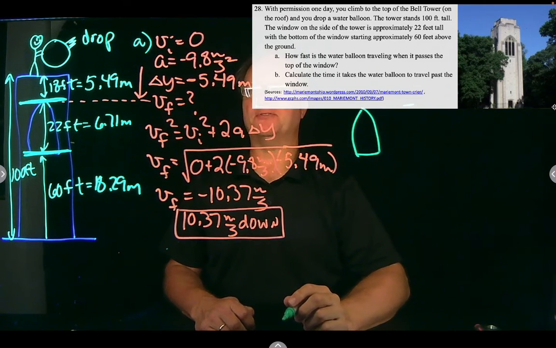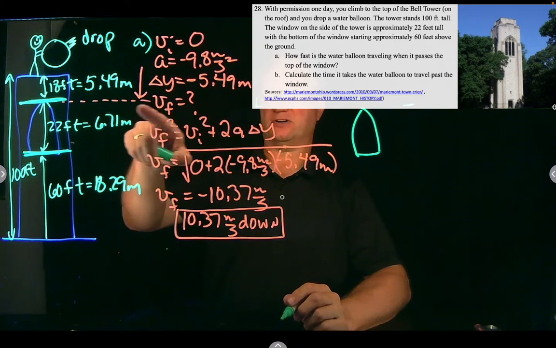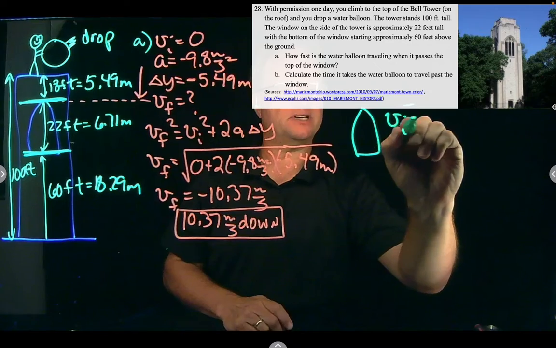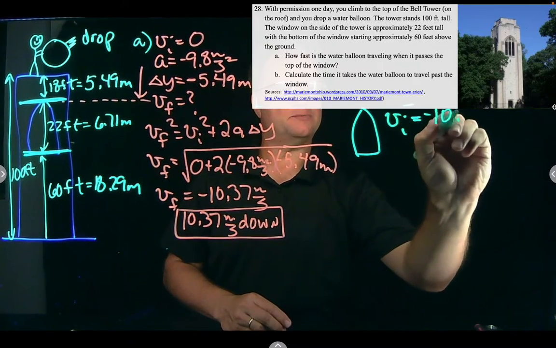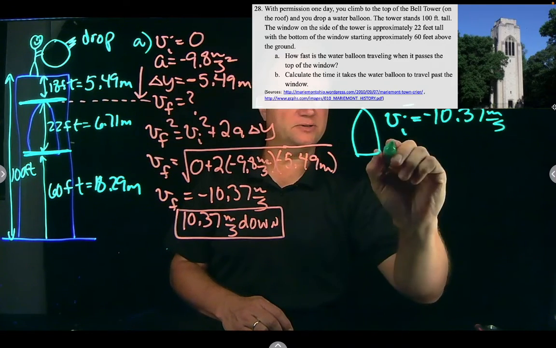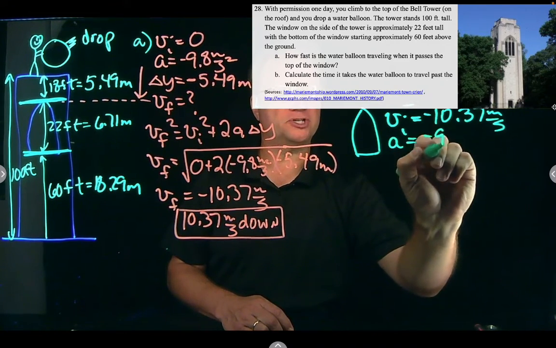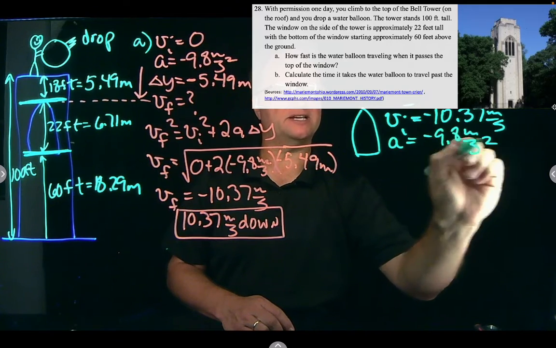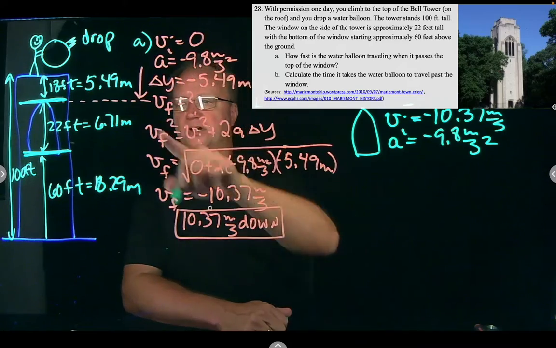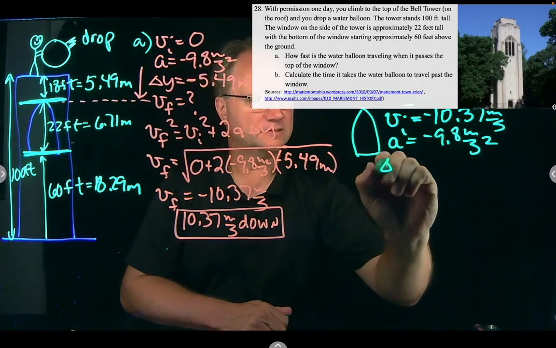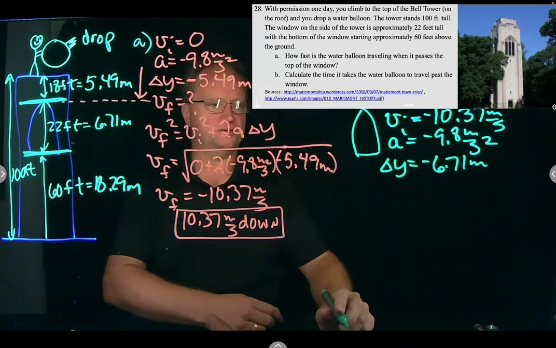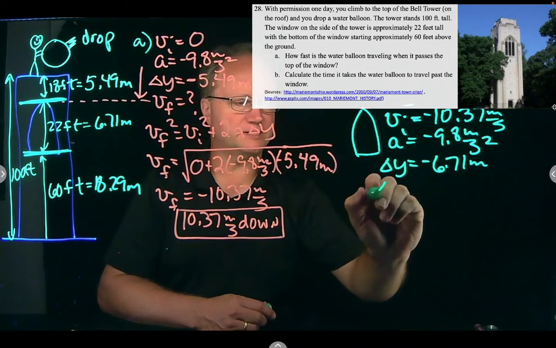At the top of the window, well, we just calculated the velocity it's traveling at the top of the window. So that's going to be Vi, negative 10.37 meters per second. As it passes the window, it is still in free fall motion. Acceleration is a negative 9.8 meters per second squared. And then we also know the delta y of the window, negative 6.71 meters. And we want to calculate time.